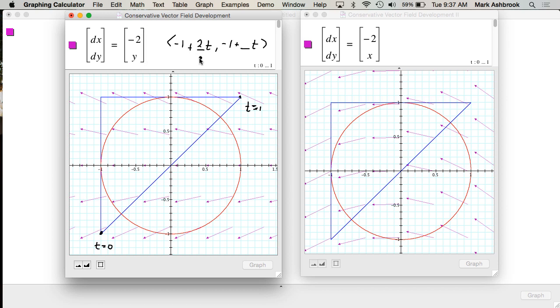It would be the slope of the t-x graph, but it's not the slope in this graph. If you were graphing x as a function of t, then yes, it would be the slope. But it's the amount of change that x goes through from the starting point to the ending point. Likewise, we'd have -1 plus how much change for the y coordinate? 2, and then we check when t equals 1.